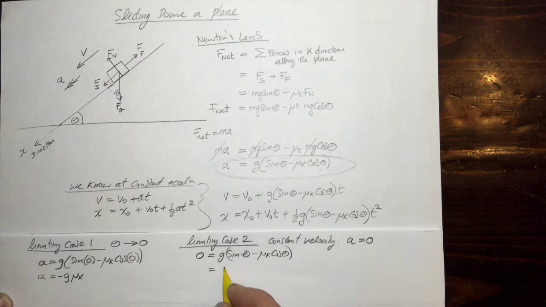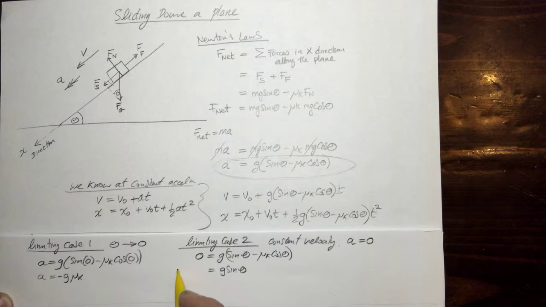And obviously we can see from this that g sine theta equals mu k g cos theta. And we see a number of things cancel.